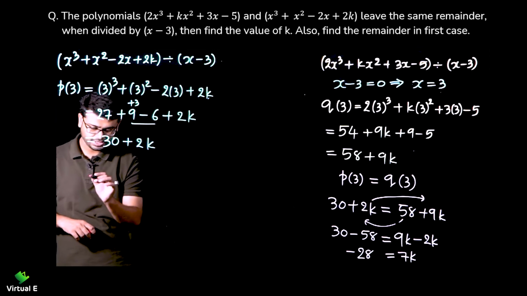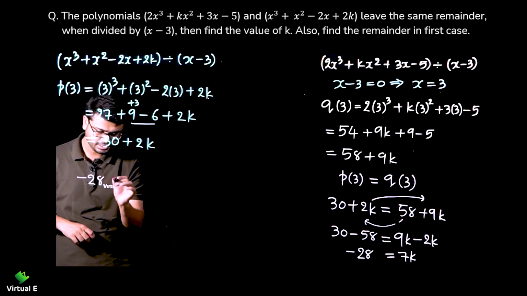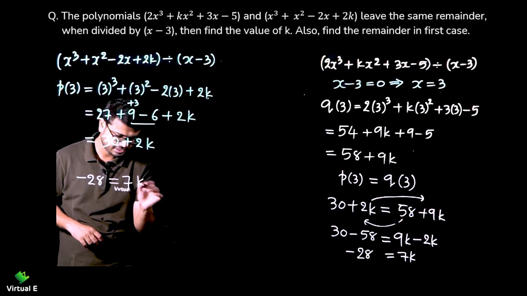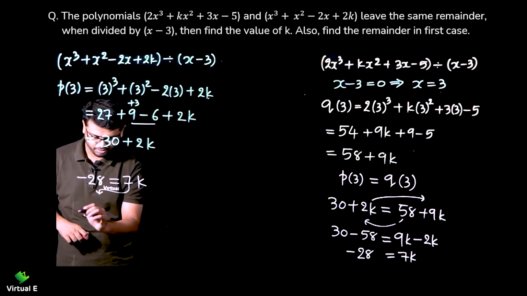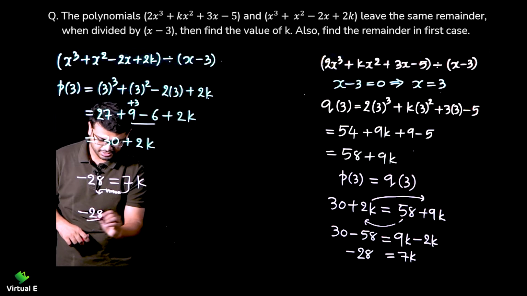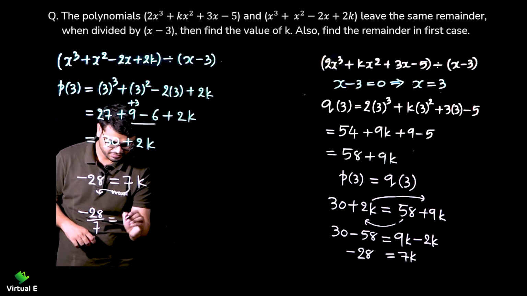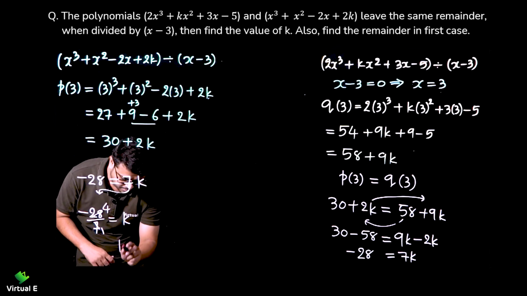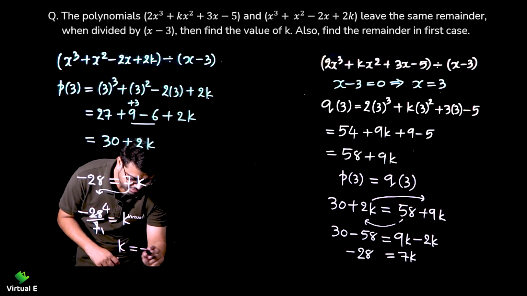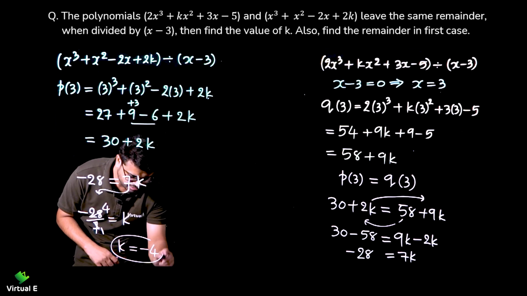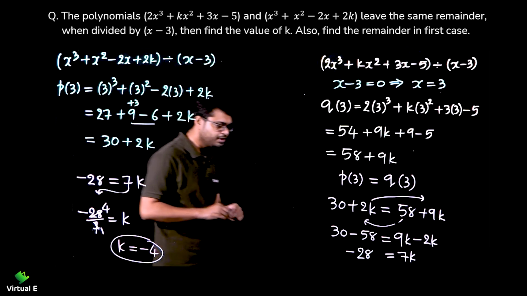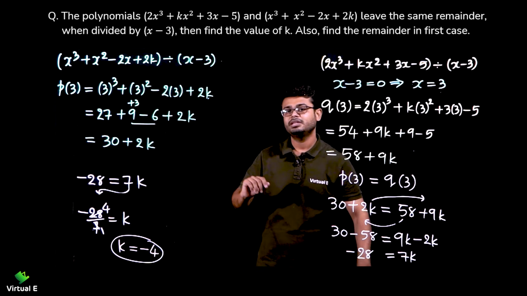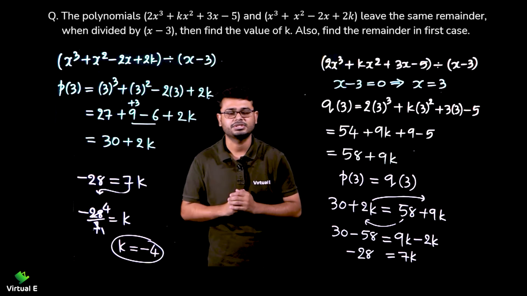Here we can write minus 28 is equal to 7k. This 7 will go into the denominator. So minus 28 by 7 is equal to k. 7 fours are 28. So what's the value of k? That is minus 4. Very simple to do, but you need to have the understanding of this question, right?